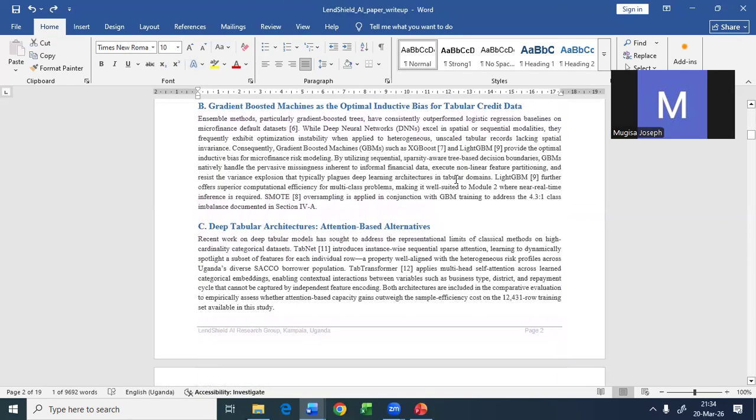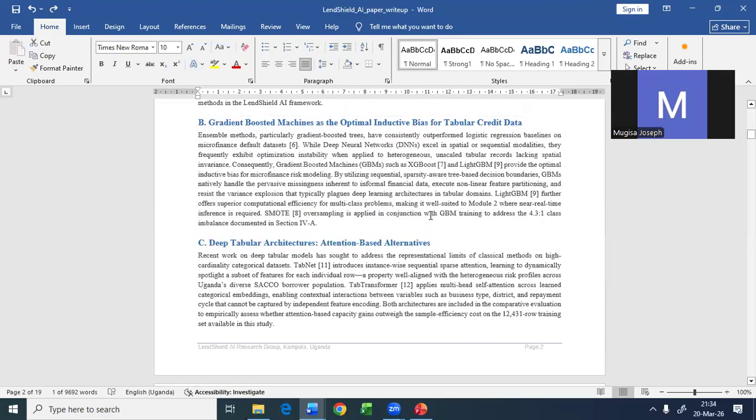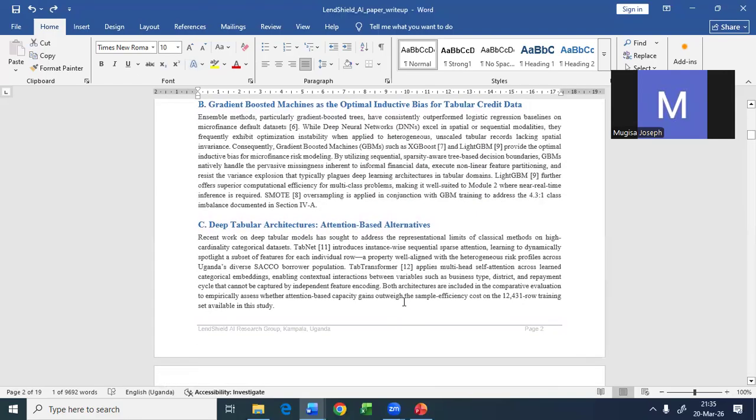We also have gradient boosted machines and how they perform on tabular prediction data. They have limitations of overfitting and data leakage if not carefully handled, and those are the areas we try to address.